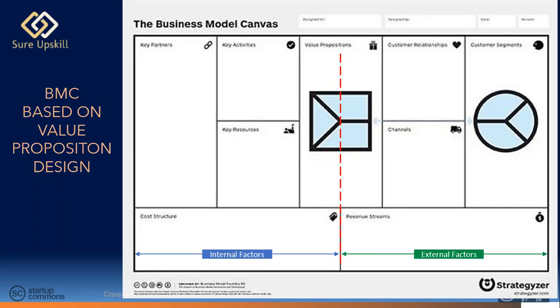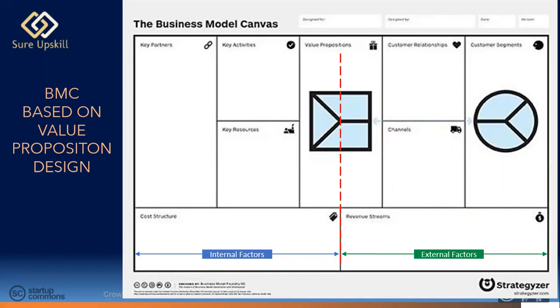The selected customer segment is filled in the red box, and the value proposition required to fulfill customer needs is given in the square. These are connected. We will see how these are filled in a few moments.